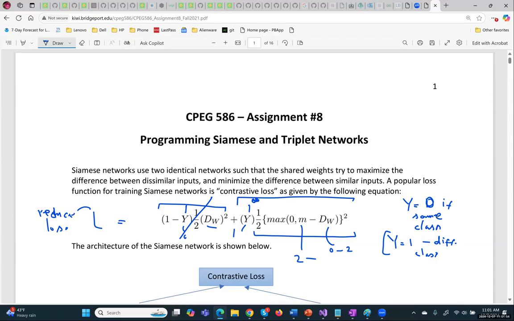So the only way this loss will reduce for the y equal to 1 case is if dw increases. As you can see, if it comes close to 2, what will happen? 2 minus 2 is 0, right? But if it is 1, then the loss is increasing.